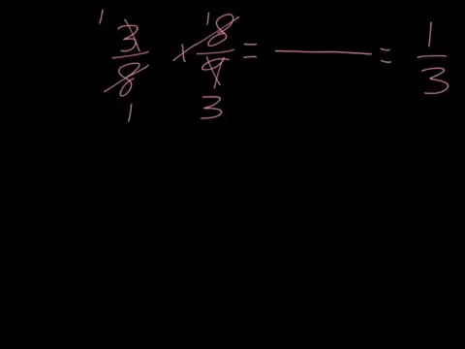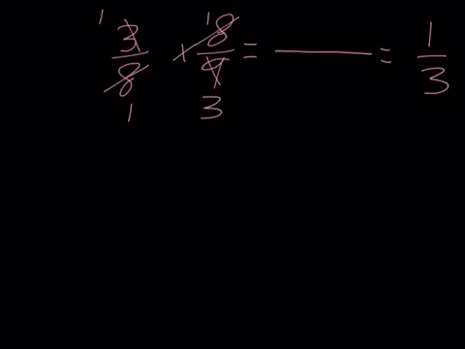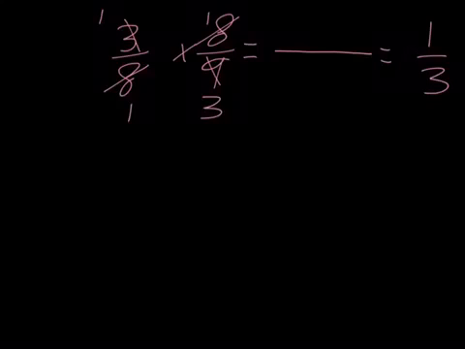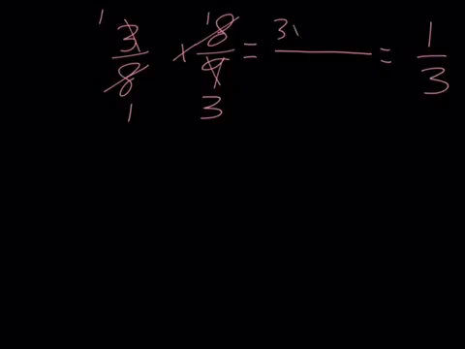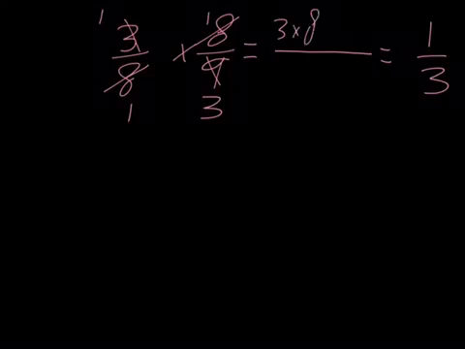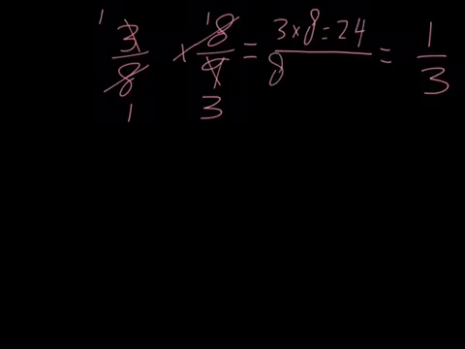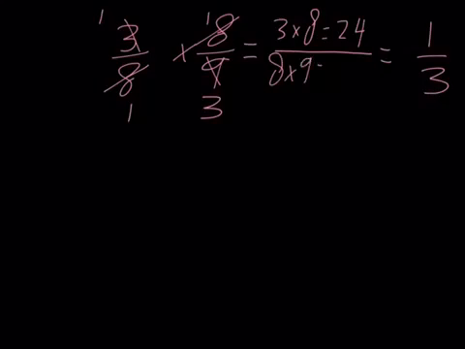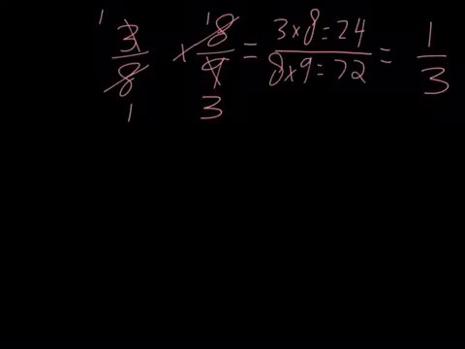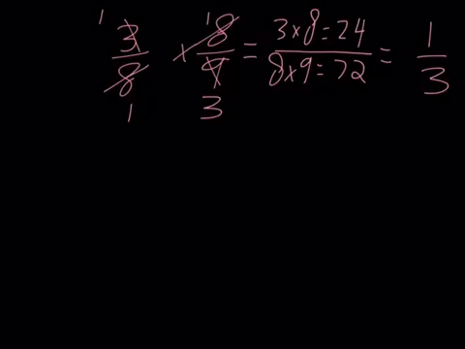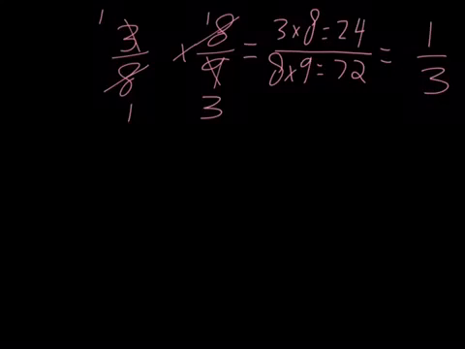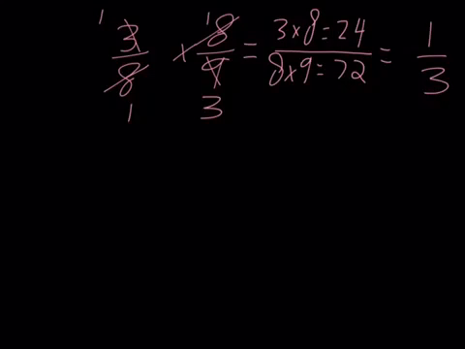Had we not done that, we could have multiplied 3 times 8 to get 24, 8 times 9 to get 72. At this point, you would need to divide out common factors that are in 24 and 72.